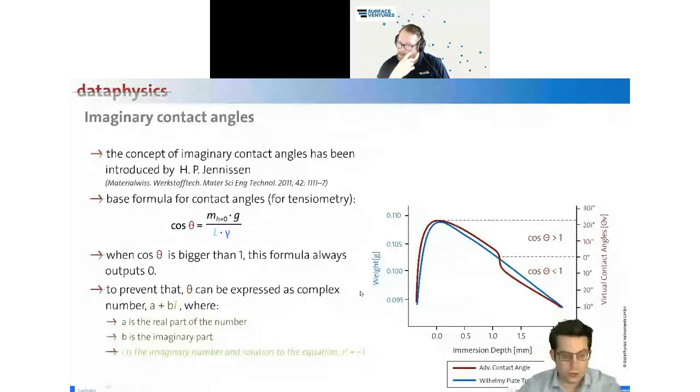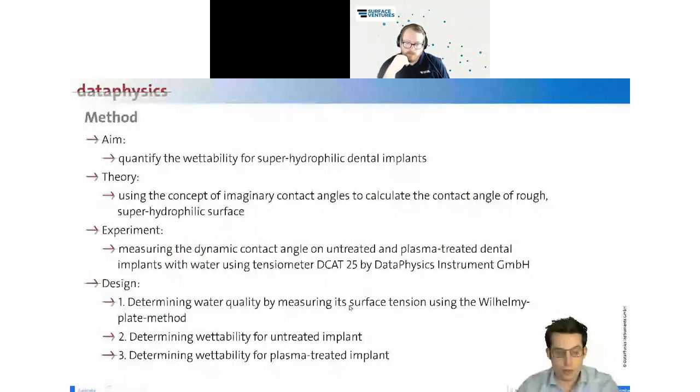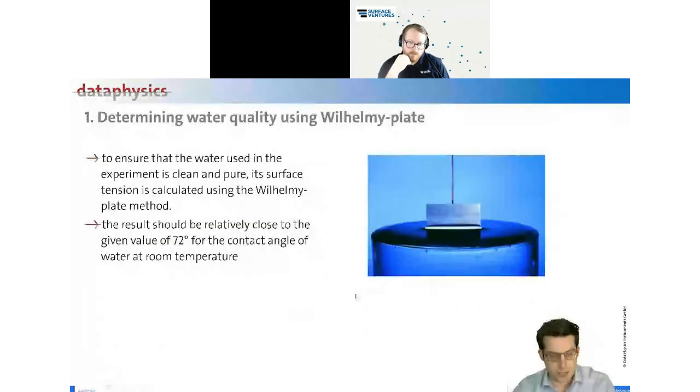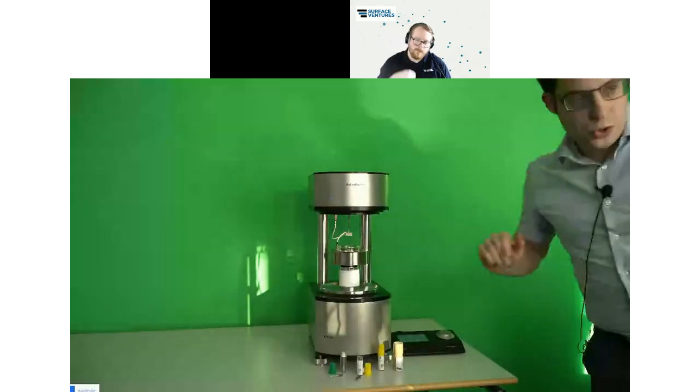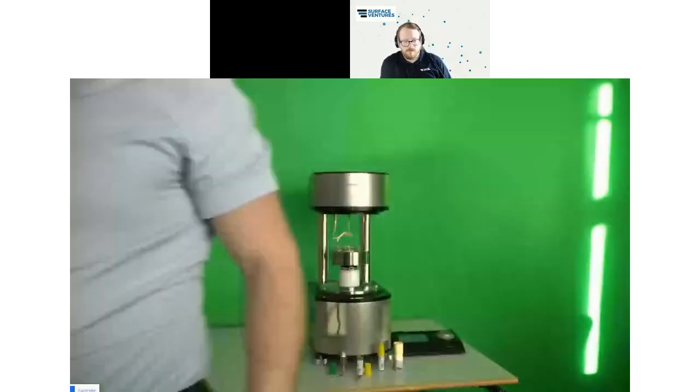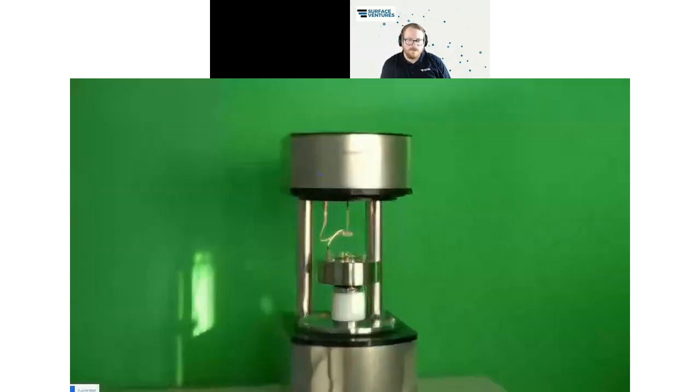So before we measure our implant, step 1 needs to be done. We do a Wilhelmy plate measurement and check whether our water is clean. So we should end up around 72. And this we do on our device. I want to zoom in a little bit for you so that you can see more clearly what is happening.